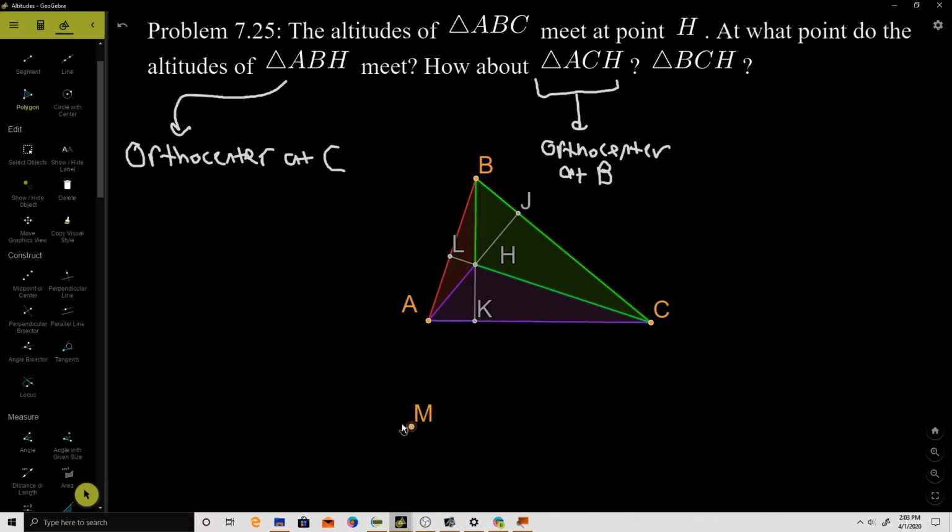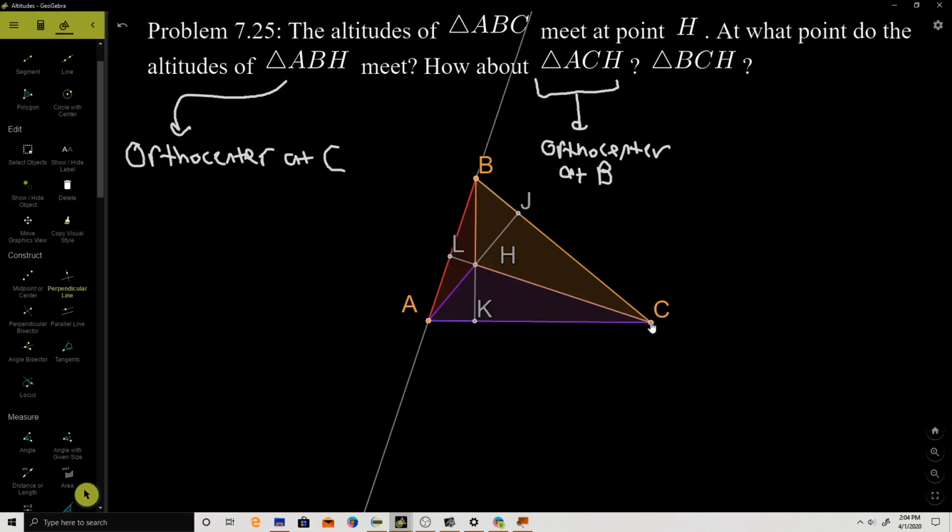Alright, we know what triangle it is. So we know that HJ is the altitude from H. Let's draw the other two. So the altitude at B would have to go through the base HC at a 90-degree angle.